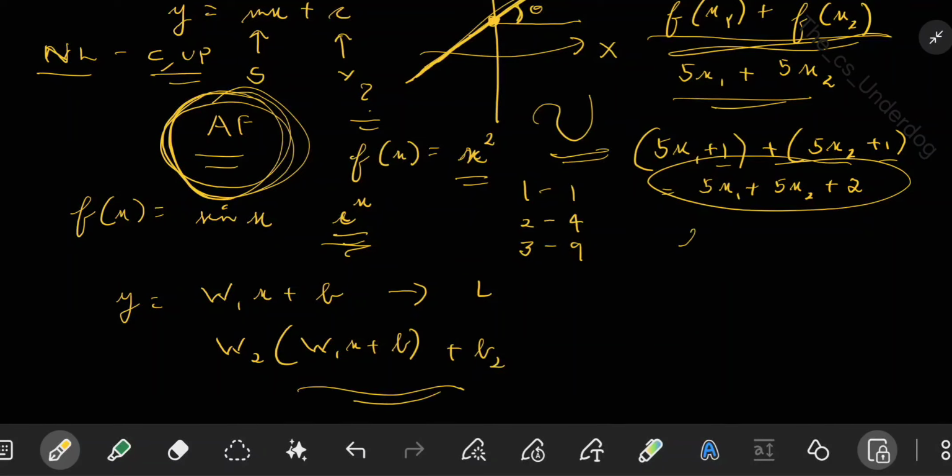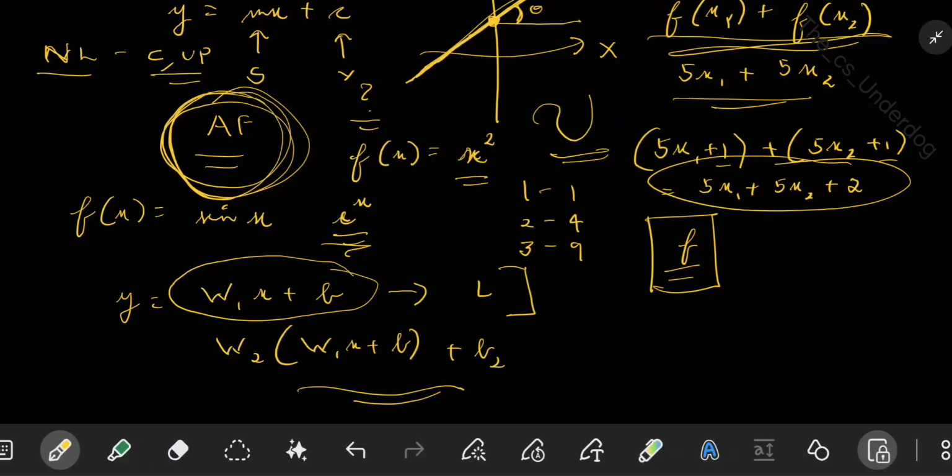If I have this as the scenario, then what do you think? I want to show you where the activation function comes in. I'm taking a simple neural network. In one neuron, I'm showing you what happens, and then what happens when the activation function comes into the scenario. So if this is my neuron, initially I was simply having a linear transformation, which is w1x plus b. That is, x is my input, w1 is the weight in that neuron, b is the bias. Then when given input x, it will make the transformation w1x plus b, which is linear.